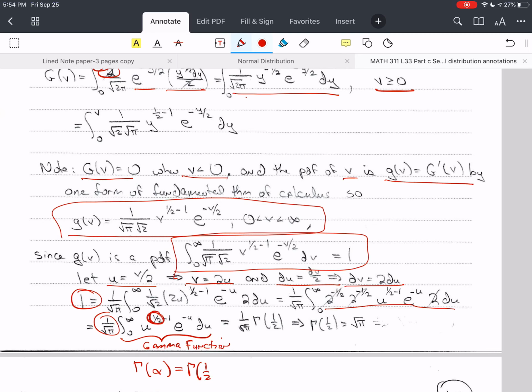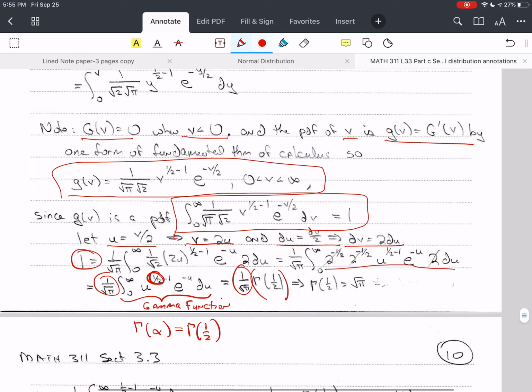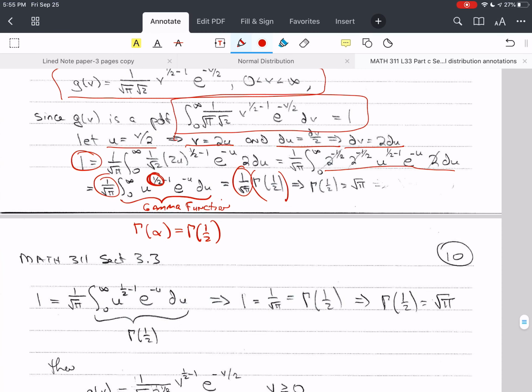That's what we have here. So I have 1 over square root of pi times gamma of 1/2, and that has to be equal to 1.